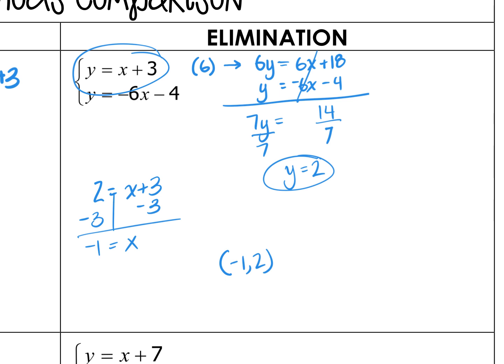My go-to method, my first choice, would probably be elimination, just because it's got fewer places for me to make mistakes. I usually get to that first step and find out what the first variable is without making huge mistakes. Whereas in substitution, you sometimes have to do some distributing, so sometimes I can make mistakes.